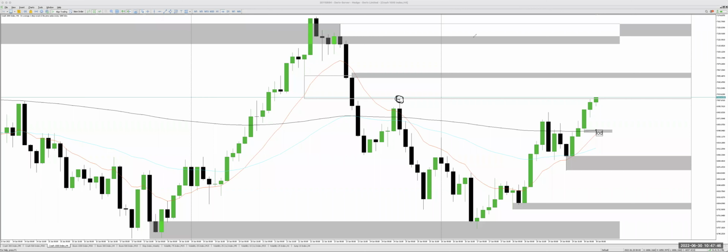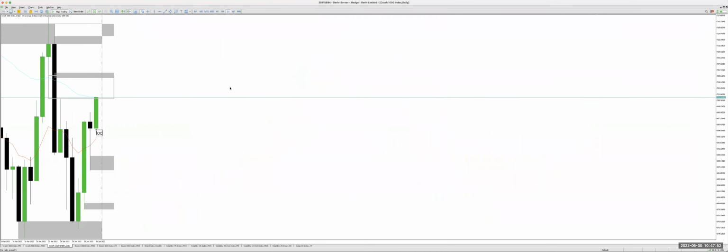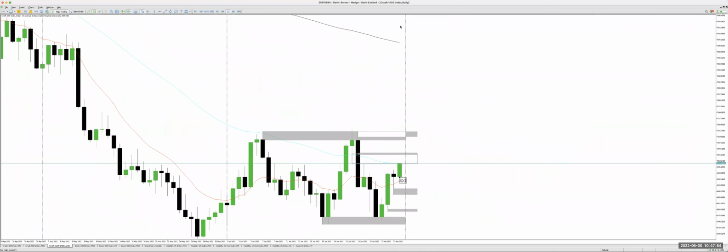And just before I explain H4, let me just go back to the daily. I want to show you something. Okay, so on the daily, when price came down, you can see these highs here. Buy side liquidity triggered, then price came back down.